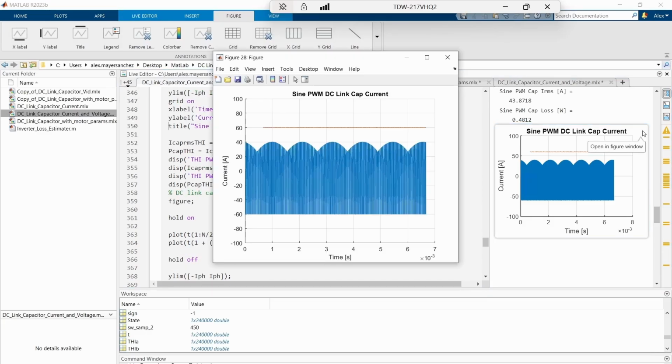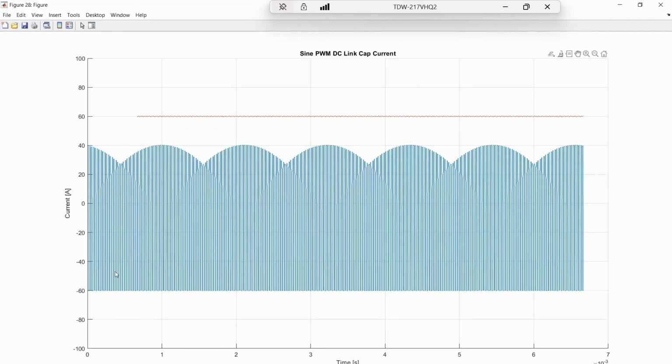But the current through the capacitor is the same shape as the current in the DC link, but obviously it's centered around some other value now, right?